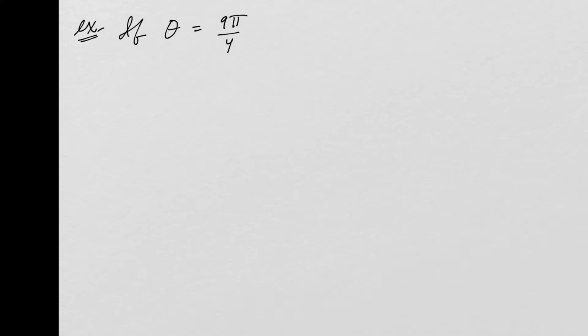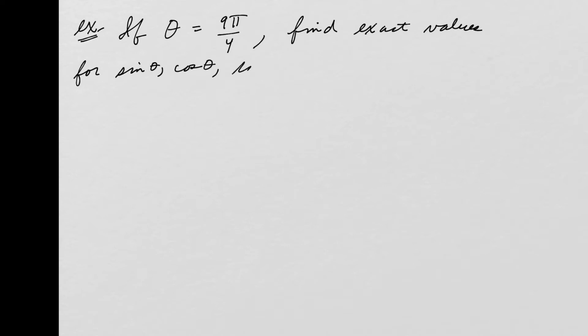I want to find exact values for all 6 trig functions: sine of theta, cosine of theta, tan of theta, cosecant of theta, secant of theta, and cotangent of theta.